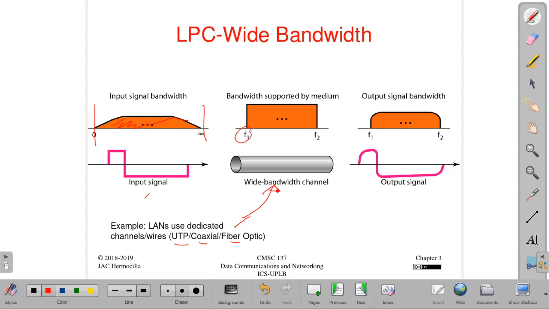So you have F1 here, which may be 0, then F2 here, and then we pass the signal here, and then at the receiver end, the output signal somehow resembles the original signal. So that's the advantage of having a low pass channel with a wide bandwidth.